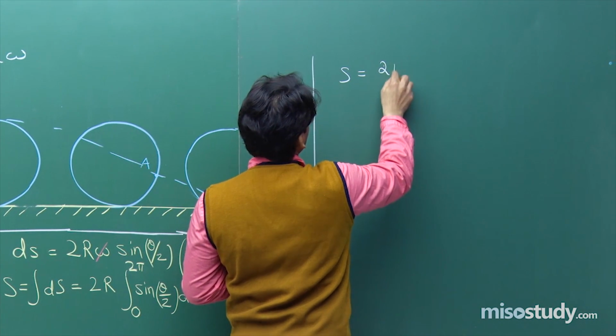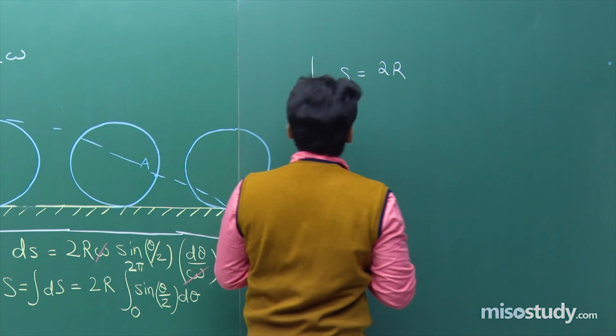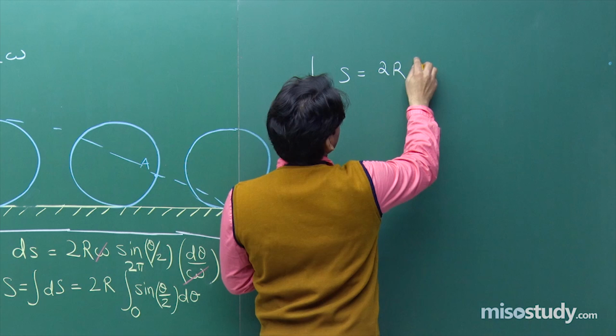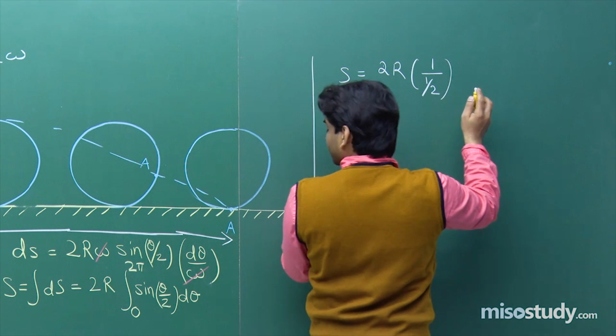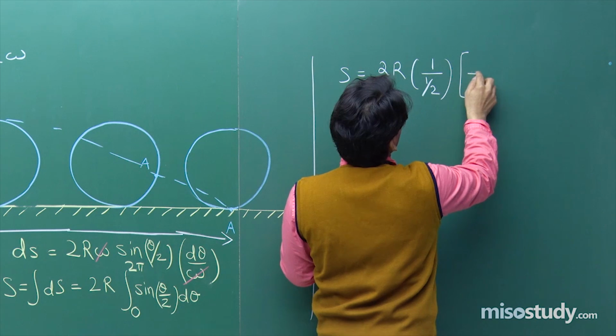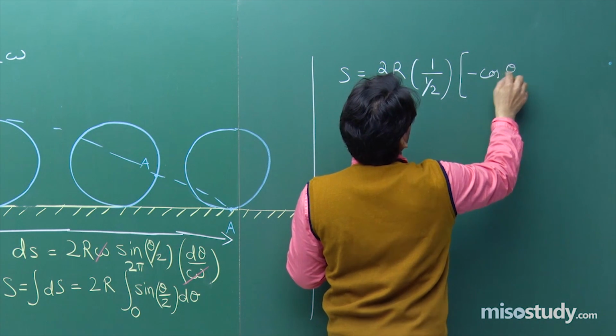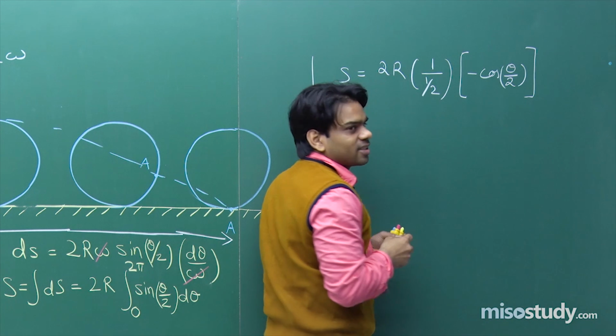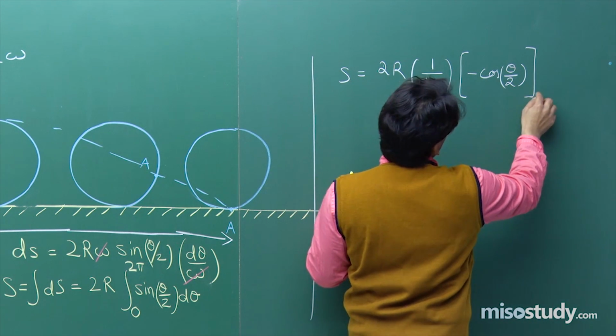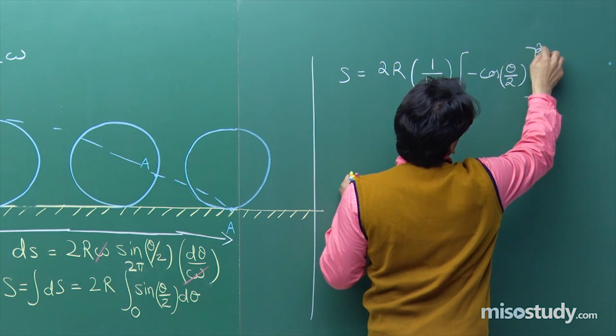So we have 2r as the constant, and the integration of sin(theta/2) will give us, we have to divide by 1 by 2, and we get minus cos(theta/2), from 0 to 2 pi.